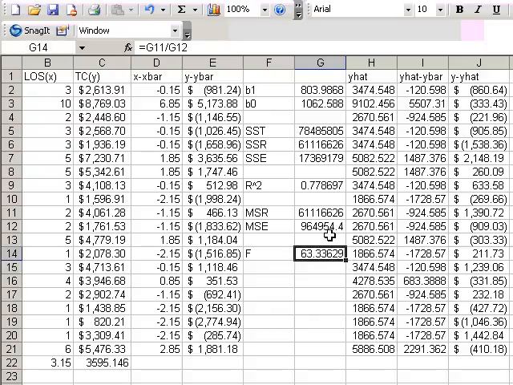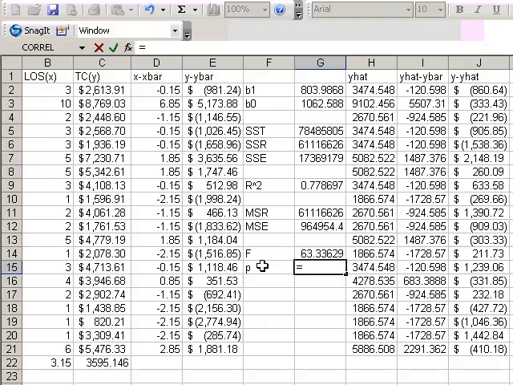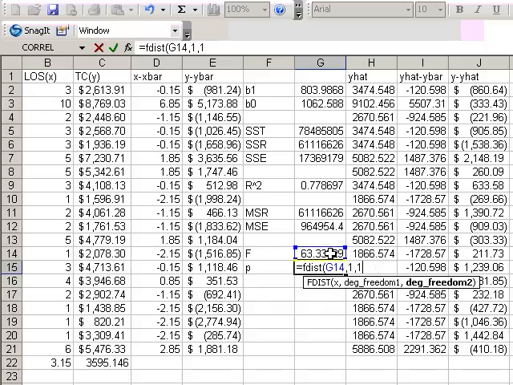This f value is really large enough that we could immediately reject the null hypothesis of independence between total charges and length of stay, but we can find the actual probability of that f with F.DIST, the f value, degrees of freedom in the numerator, which is 1, and degrees of freedom in the denominator, which is 18.